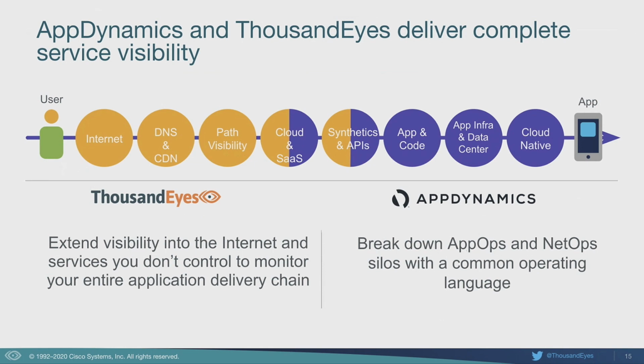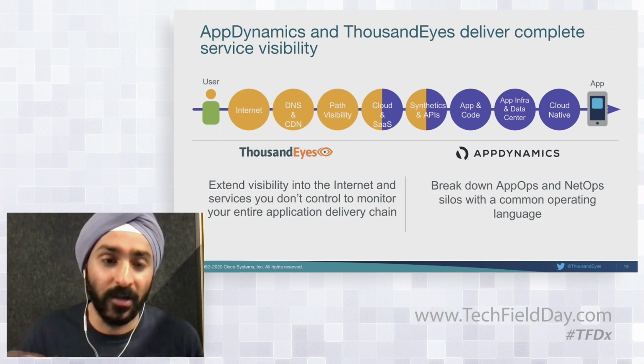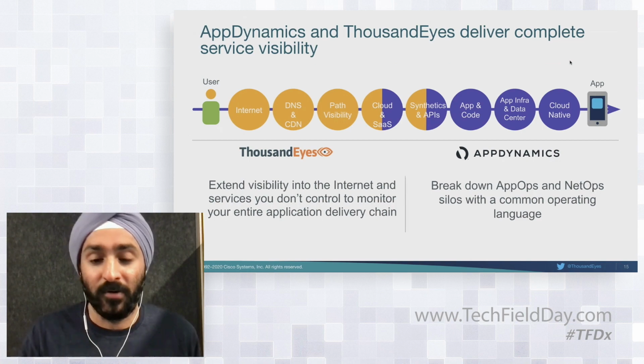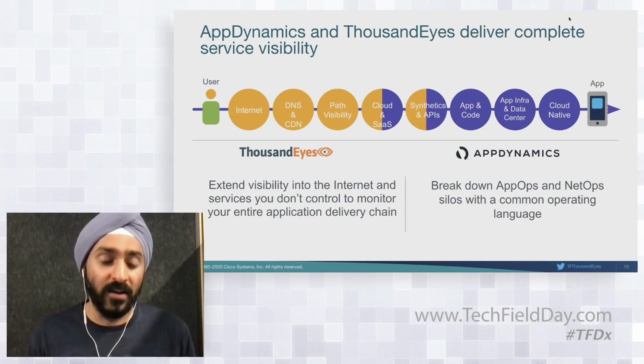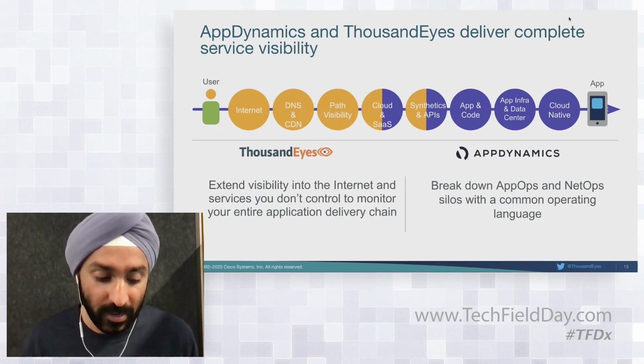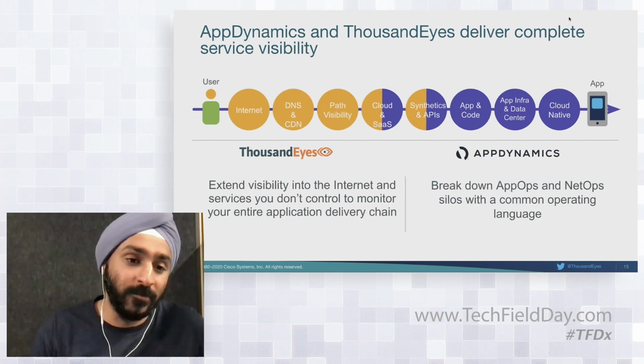Switching back to the second announcement that we made, and my colleagues will also talk in depth about what this integration is and give a demo here, is the ability to provide ThousandEyes data, the network data, and AppDynamics data in a single pane of glass to provide that common operating language that we talked about.